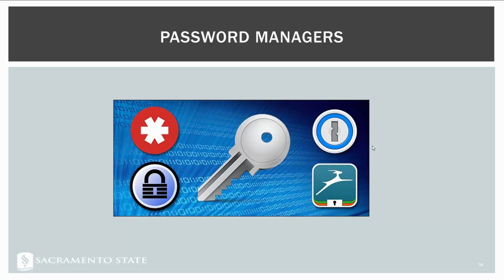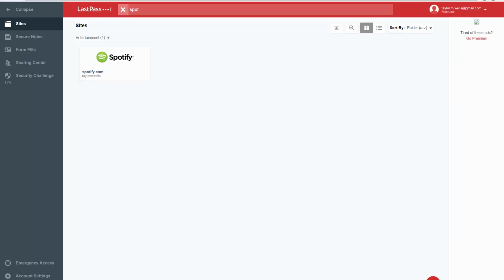The way that password managers work is that they rely on you having one really good password that protects your password manager's what they call vault, and that you put your other passwords into that password manager. So here's what I mean by that. All right, so I've logged into LastPass.